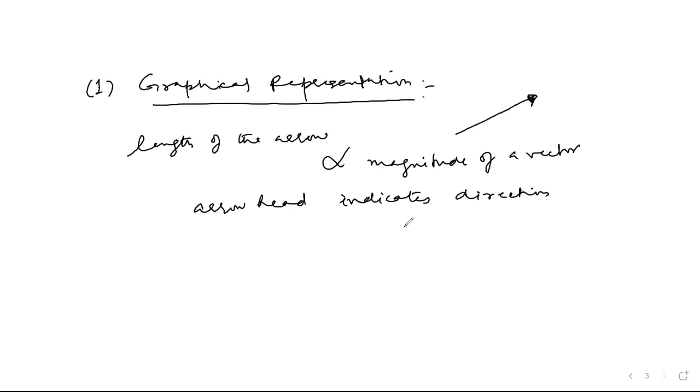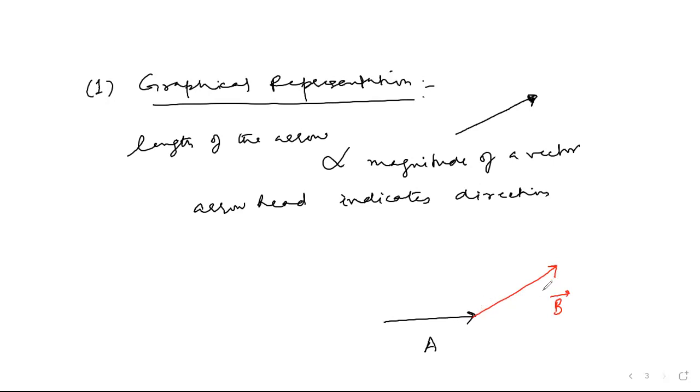And how do we add two vectors graphically, once we have represented them using these conditions? For example, if this is my vector A and there is my another vector B, this is my vector B, I represented them graphically.